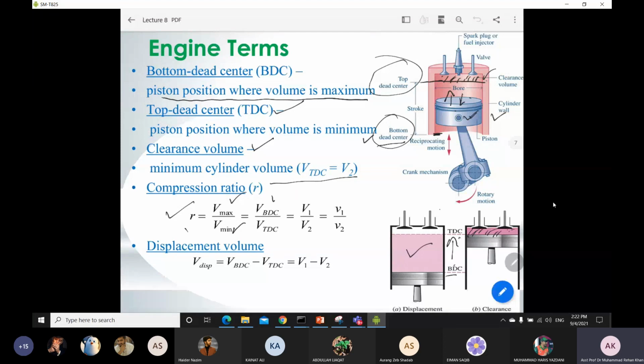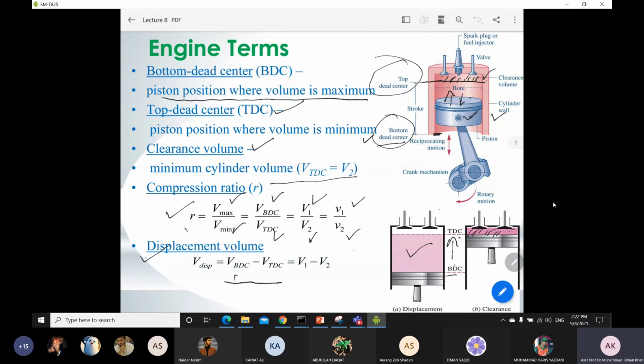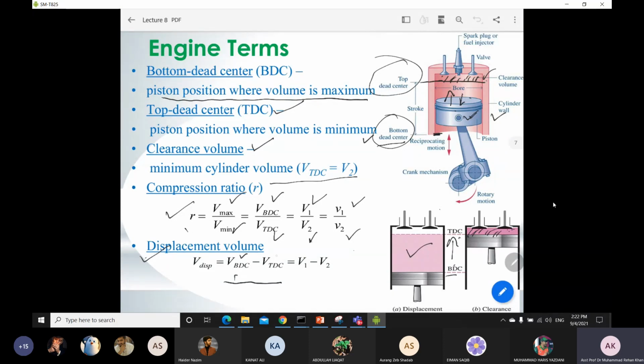You can also say volume at BDC and volume at TDC, or V1 and V2, or specific volume at 1 and specific volume at 2. Now another term which we use is the displacement volume. Displacement volume is basically the difference between your maximum volume and your minimum volume, which is the volume at BDC minus the volume at TDC, and you can say V1 minus V2.